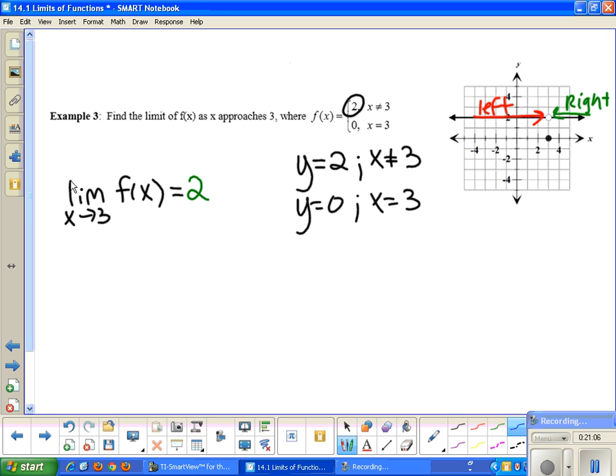Even though for this, if I did f of 3 into this equation, well, f of 3, we can't use 3 here because it's not equal. I would have to use this one. F of 3 is really defined at an x value of 0.